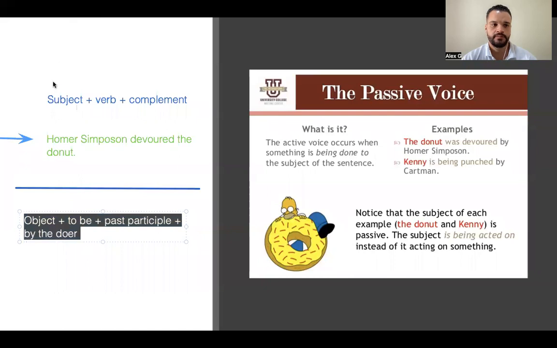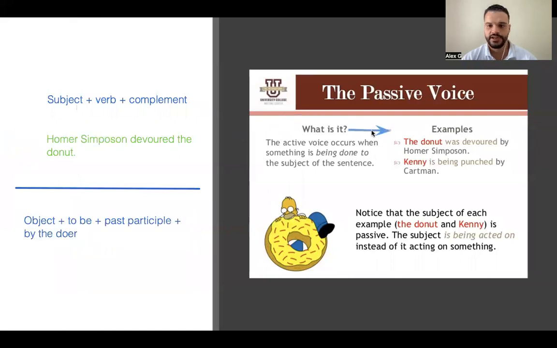As you can see here, it says the object is the donut, right? The object. The verb to be in the past, which is was, the past participle, which is devoured, and then if we want, it's not necessary, but if we want, we can include, maybe we put here, possible, maybe if we want, we can include the doer of the action, okay?